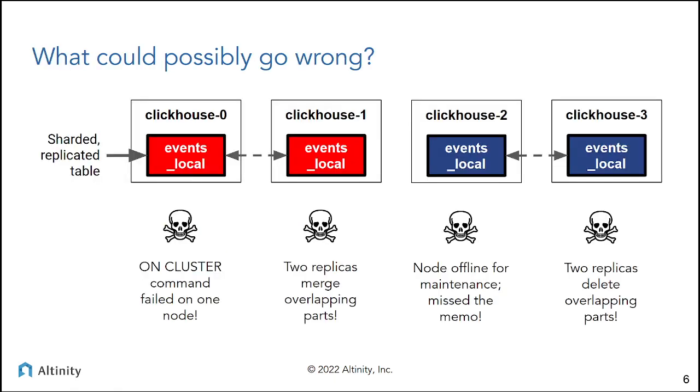As with everything in computing, the first thing we have to ask is, well, what could go wrong? It turns out that when we have hosts communicating over a network, there's actually a lot of things that could go wrong. And I'm just going to give you 4 examples. We could send that on-cluster command out to all 4 nodes, but what if it fails on one of them?